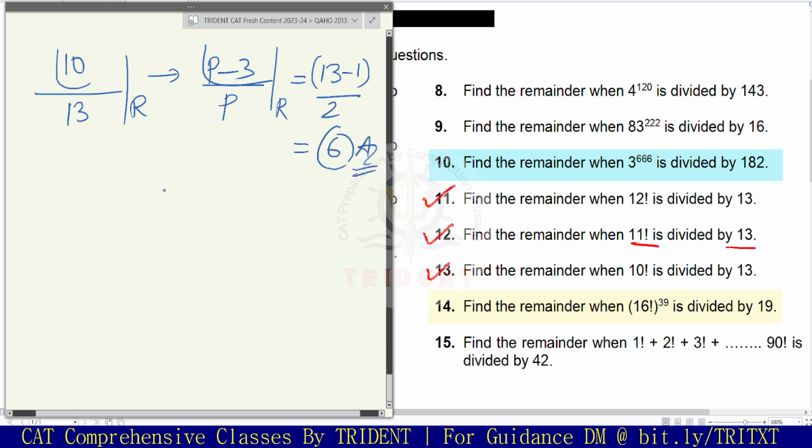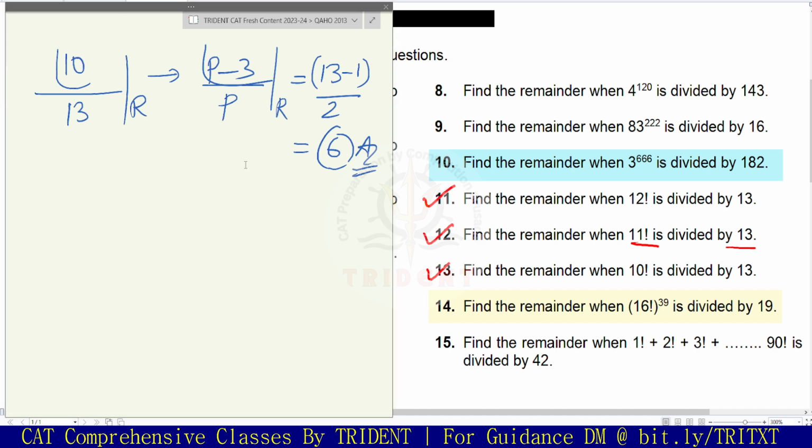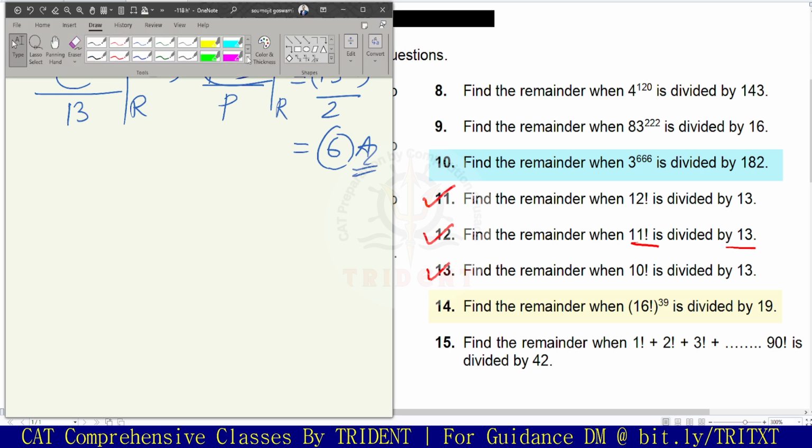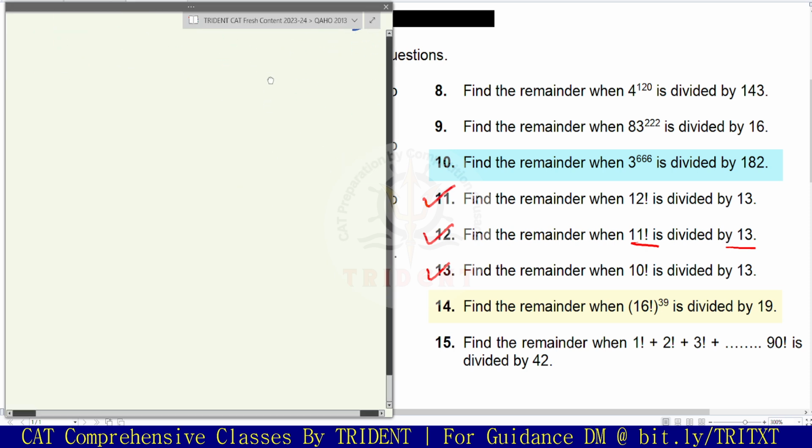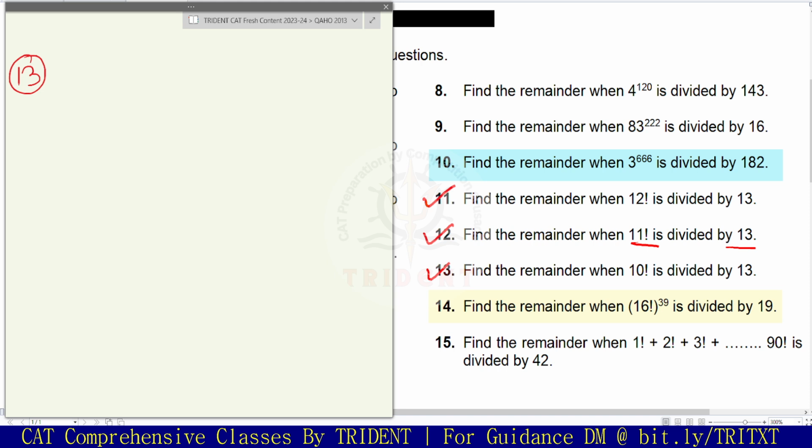Now, only to cater to the students who think that they can understand this, I'm going to give you an alternate method. But again, let me tell you that the alternate method is just playing around with numbers. So the 13th question I'm going to solve in a different way. What I need to find is the remainder when 10 factorial is divided by 13.